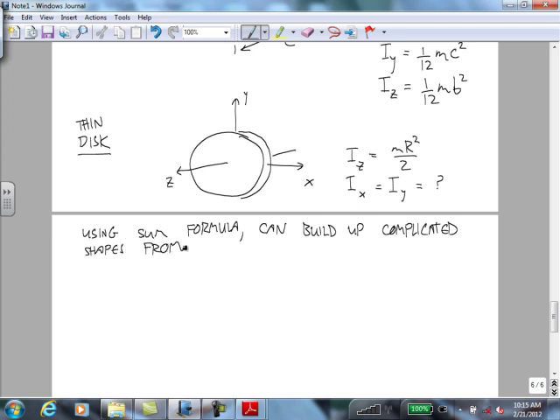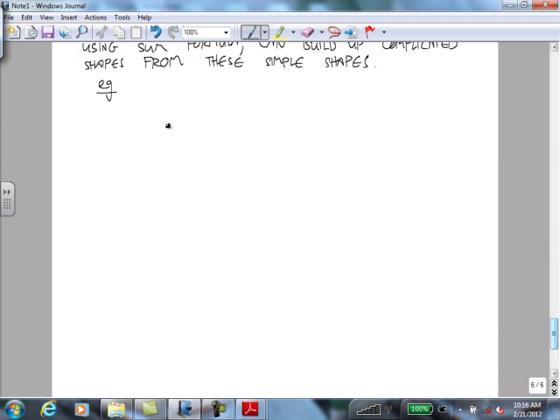And actually, even in biomechanics, people build up, if you're trying to calculate what's happening with the arm, you break it up into a cylinder here, these things that you can calculate the moments of inertia for, and treat the body at whatever level of detail you need.